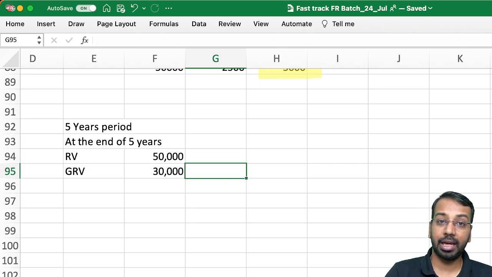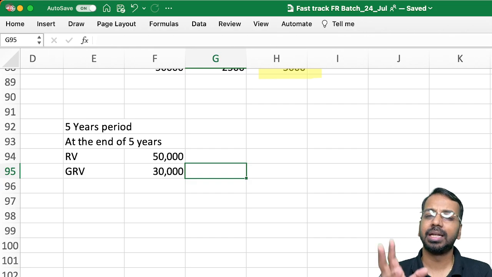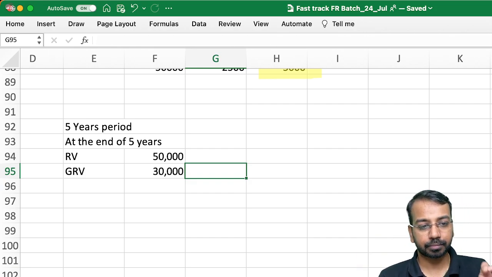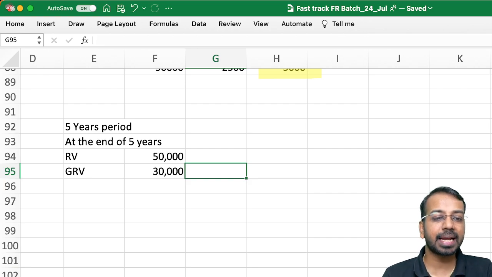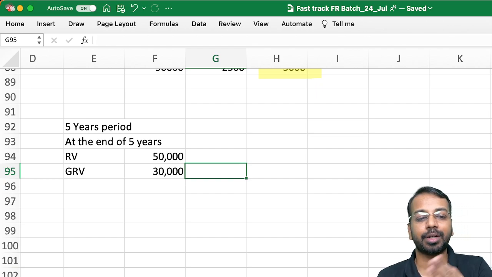The lessor says, okay, but if I get a higher amount, if somebody pays me 50,000 or 40,000, I will enter into a transaction with that person. So the lessee here is committing that I will pay 30,000. That is a minimum commitment the lessee is taking, and we will include that as a part of lease payment because the lessee is guaranteeing that value.